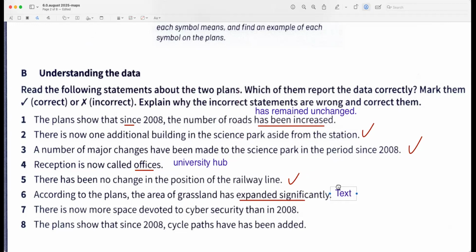Yeah. Has been reduced, has decreased. Or has minimized. But you use diminish. Yes, diminish.